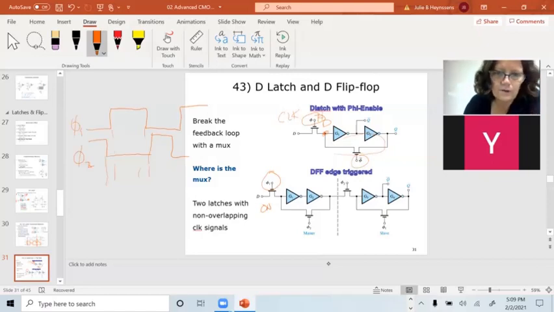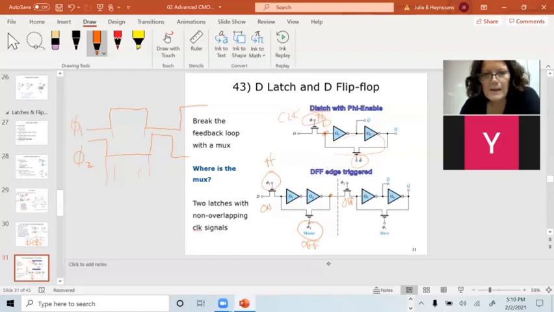So phi 1's on. That transistor goes on, and this transistor has to be off. And whatever's on D passes through 2 inverters to here. Phi 2 is still off, and it will get stored here. It's just going to stay there.